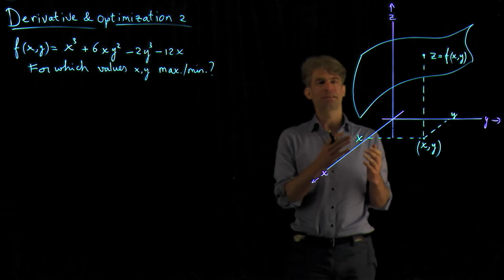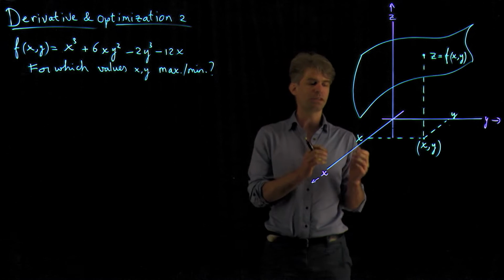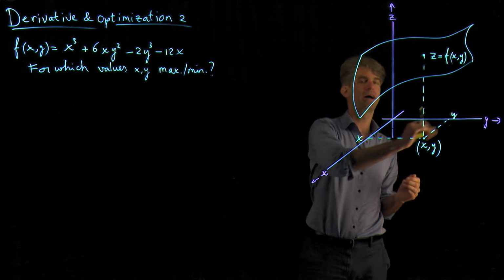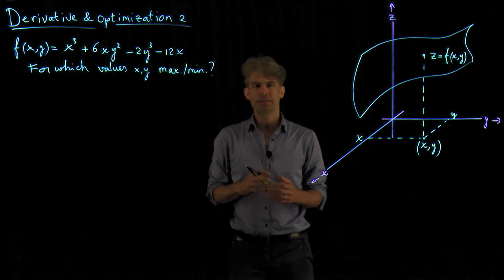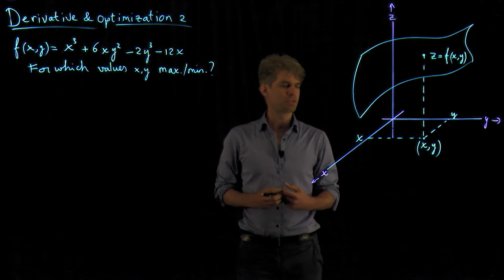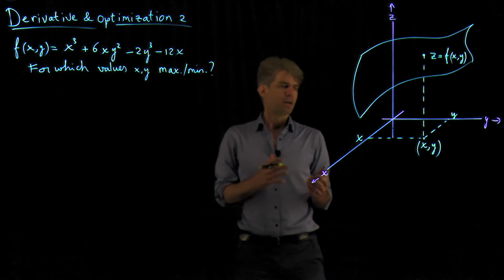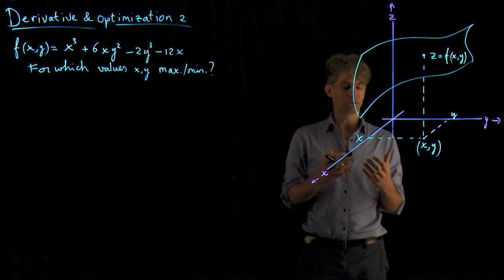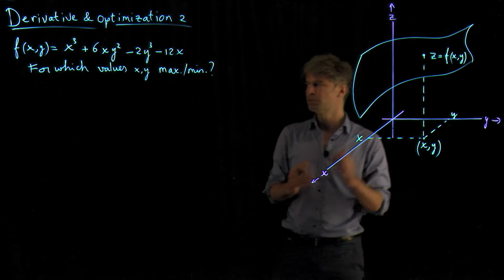Actually, you could take derivatives in any direction, but we are going to focus on derivatives in either the x direction or the y direction. And they are called partial derivatives. Why partial? Because you're going to consider the variable to which you do not take a derivative as a constant.